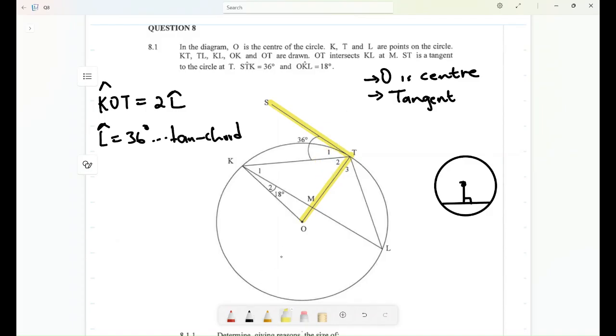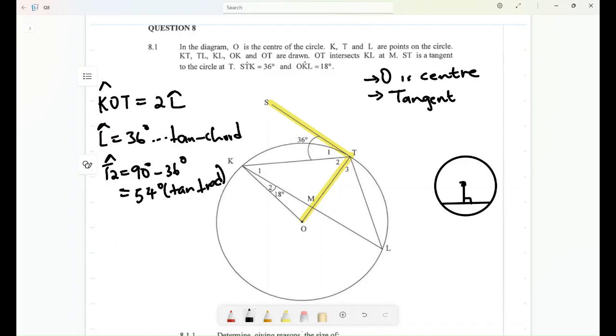So now I know that angle T2 is equal to 90 minus 36 degrees, which is 54. 90 minus 30 is 60, yes, 54 degrees. Reason: tangent perpendicular to radius.